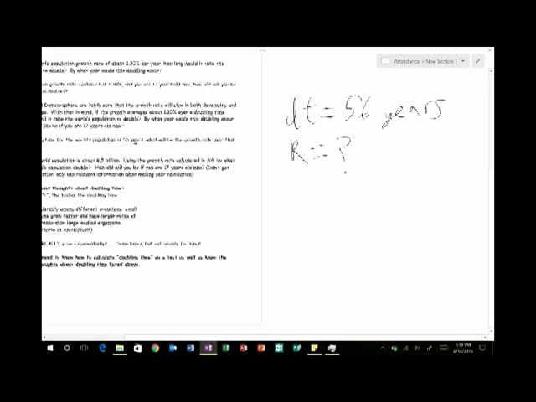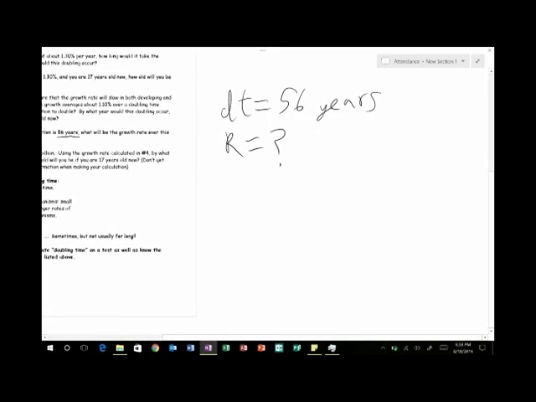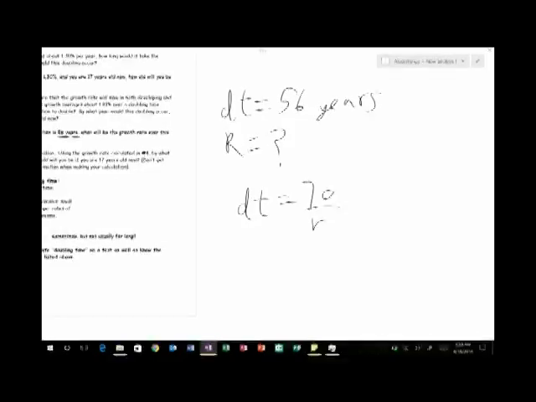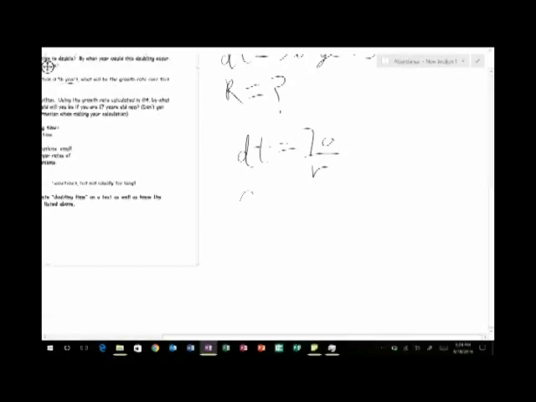To do that, we're going to use our same formula, our doubling time formula with DT equals 70 divided by R. Now for 70 divided by R, our unknown this time is R, and our known is 56. So we'll plug in 56 equals 70 divided by R. Now we need to isolate for our R value.